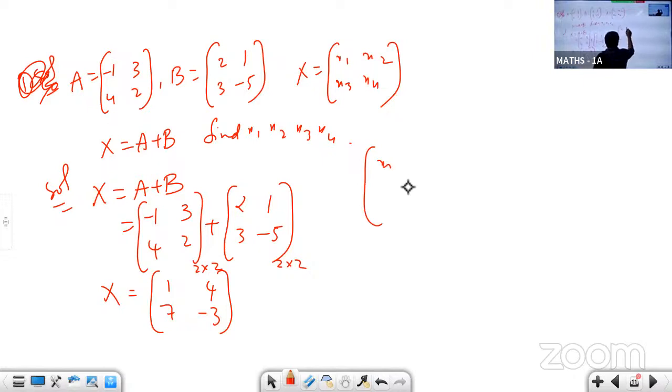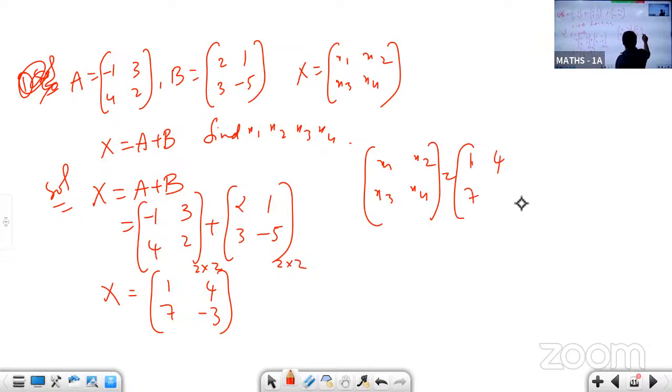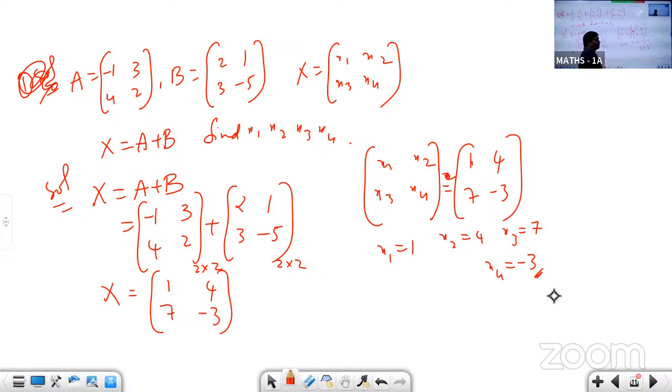It is x1, x2, x3, x4, which is equal to 1, 4, 7, -3. Whenever 2 matrices are equal, the corresponding elements can be equated. So x1 is 1, x3 is 7. That's all. Is it clear? Very simple sum.